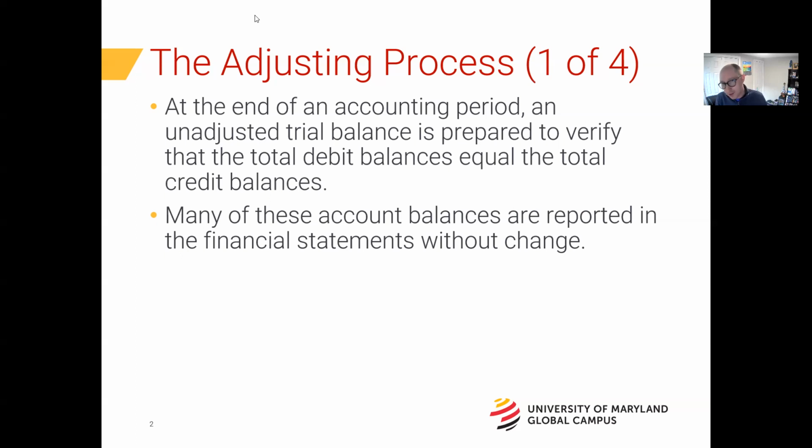Otherwise, the accounting equation gets thrown out of balance, and the accounting equation must always be in balance: assets equals liabilities plus equity. That must always be true. Your debits must always equal your credits. And to verify that, we run what's called the unadjusted trial balance.